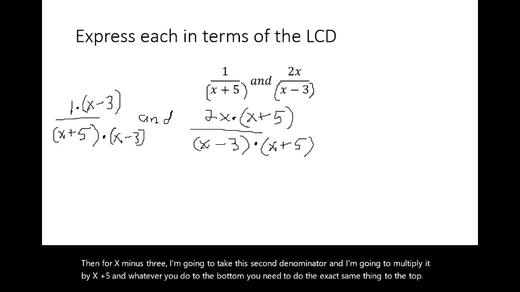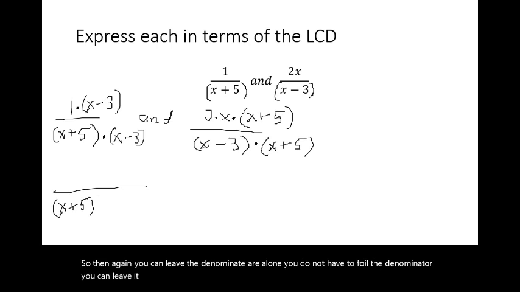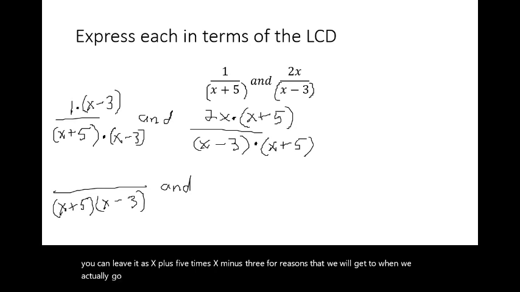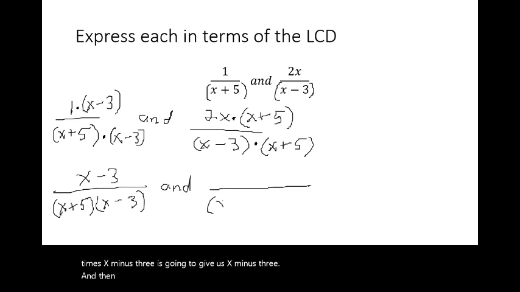So then, again, you can leave the denominator alone. You do not have to FOIL the denominator. You can leave it as x plus 5 times x minus 3. For reasons that we will get to when we actually go adding and subtracting these, you do want to distribute the numerators. So 1 times x minus 3 is going to give us x minus 3. And then for the other fraction, again, the denominator is just going to be x plus 5 times x minus 3.